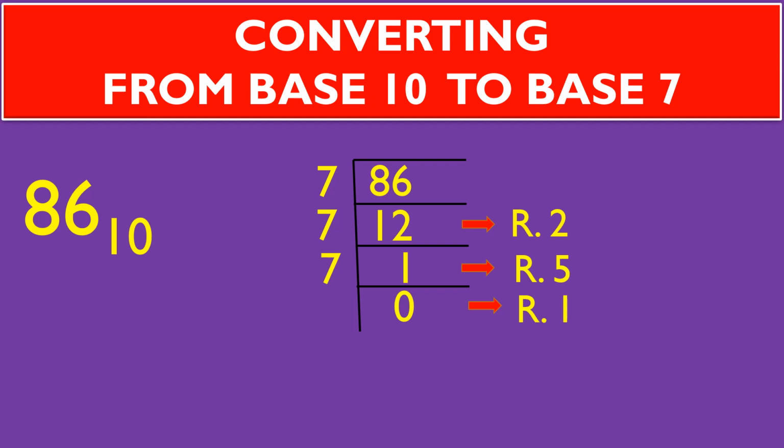So what we simply need to do now is to look at the remainders and then take the numbers from the bottom to the top. So we have 152 in base 7. So in converting 86 in base 10 to base 7, it gives us 152 in base 7. And that is the answer to this bonus question.